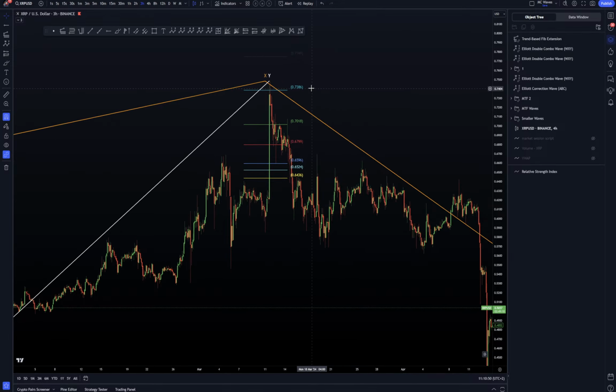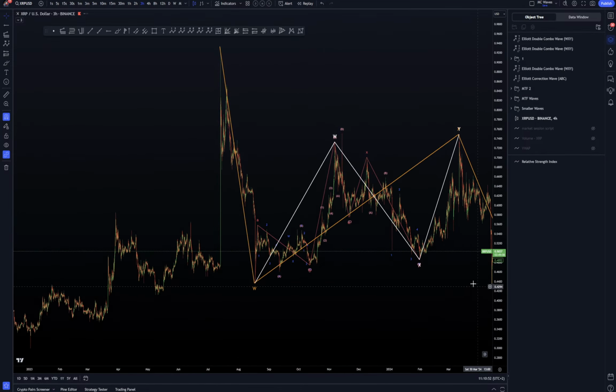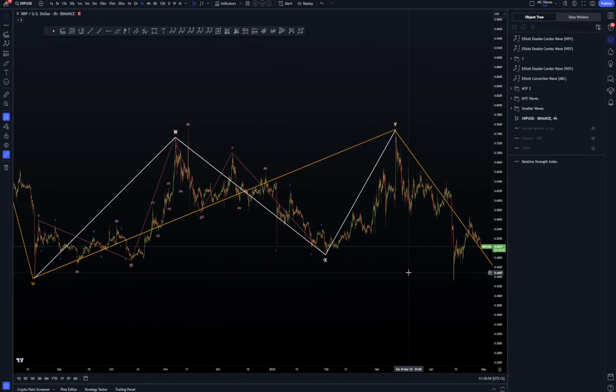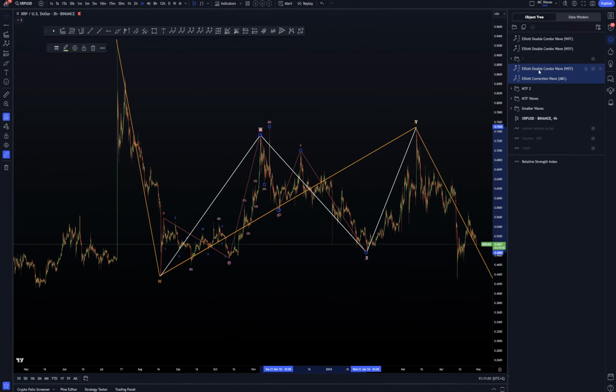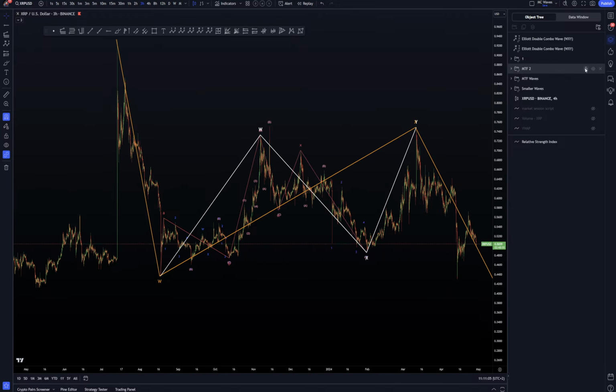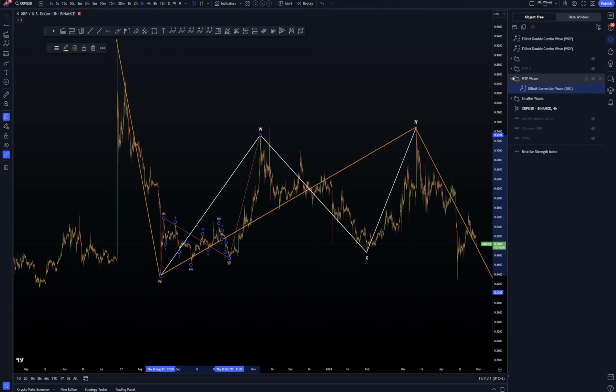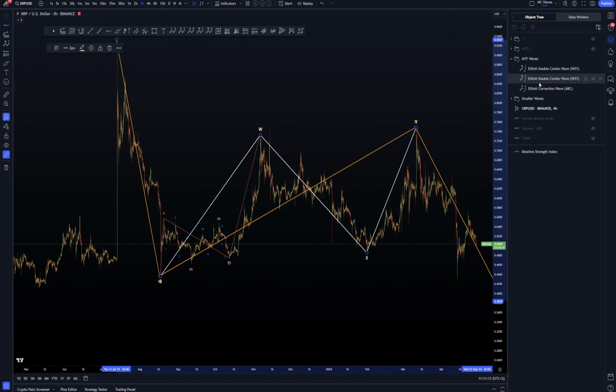So yeah, small extension to the Z, but I'm gonna still take this because otherwise it doesn't make sense really. Alright, so let me just hide this. So this will be into the medium time frame waves.